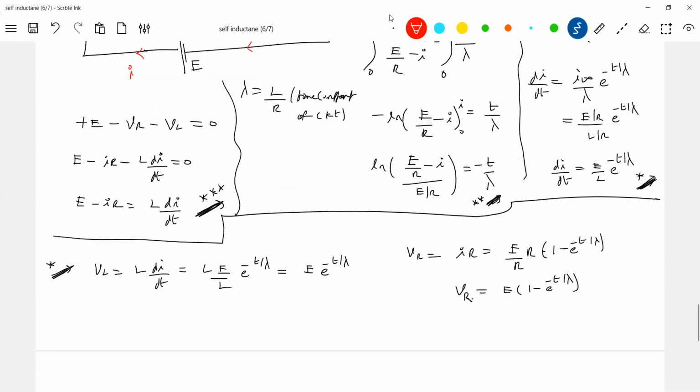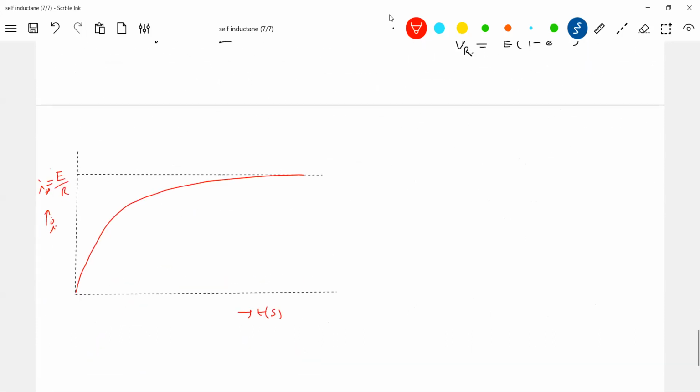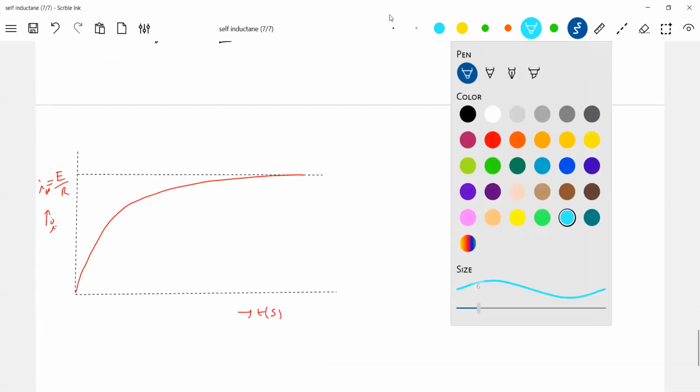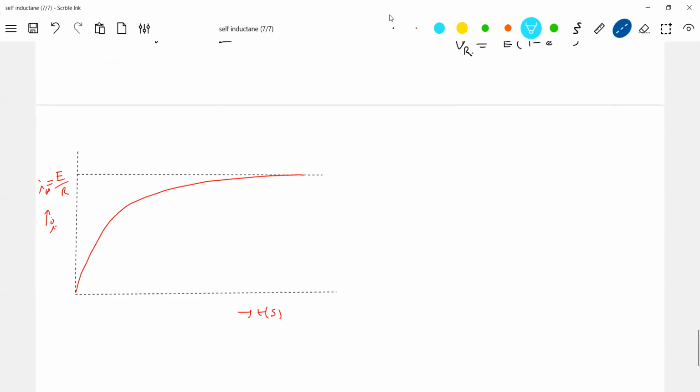One time constant, lambda equal to L by R. This is lambda. How much will it become? It will become 63% of the final value. That's called a time constant.